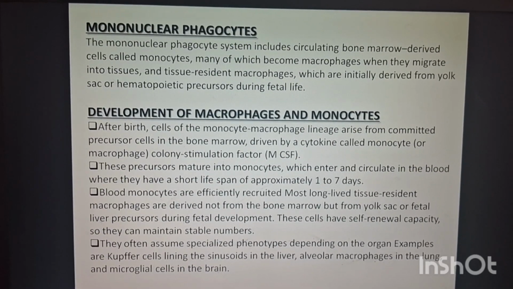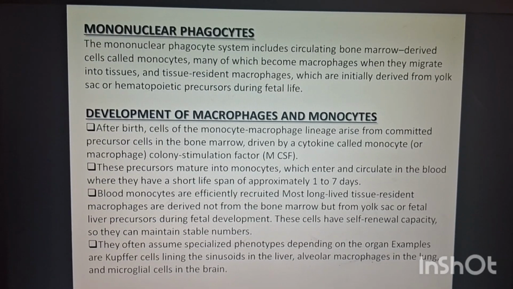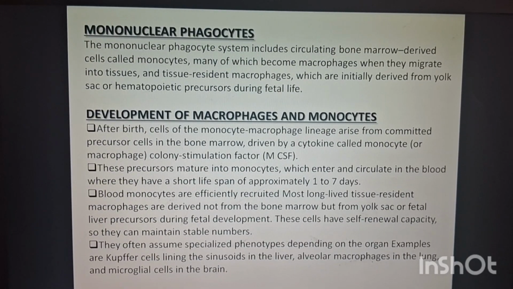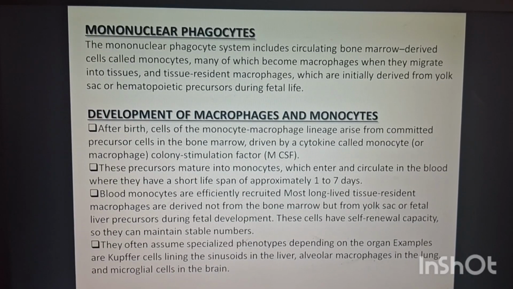And this precursor matures into monocytes which enter the circulation in the blood where they have a short lifespan of approximately 1 to 7 days.